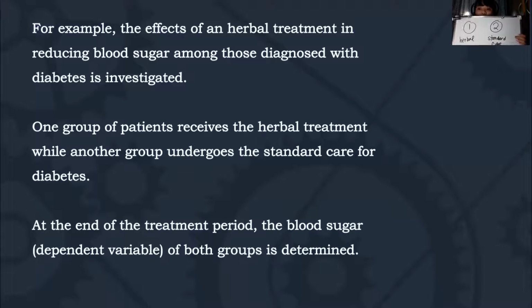Take note, class, both groups must have at least the same profile. They must be of the same age, same gender, same height and weight, so that it will not affect the results of the experiment.